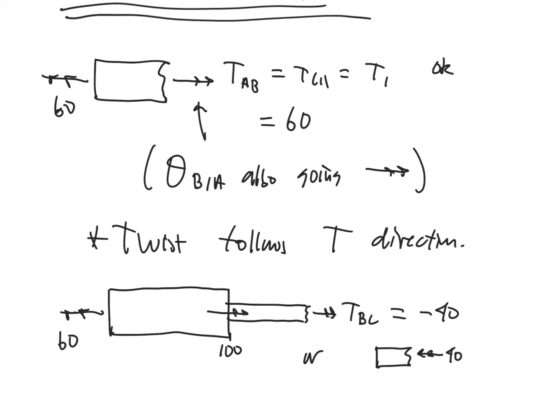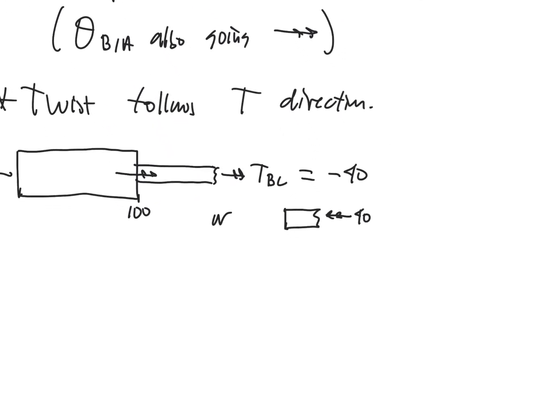So what that means is that the twist of C relative to B follows the torque, and that means it's going to be going this way. It's going to go the opposite direction as the initial. So again, the angle of twist follows the applied torque. So now we've got the value of 40 inside there.